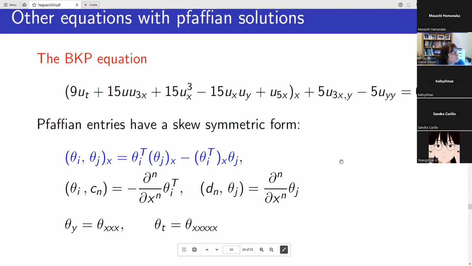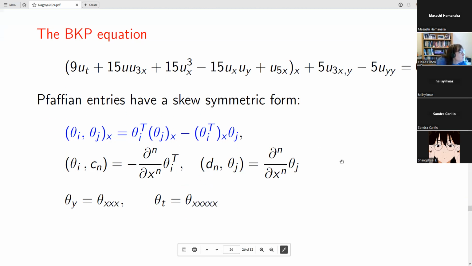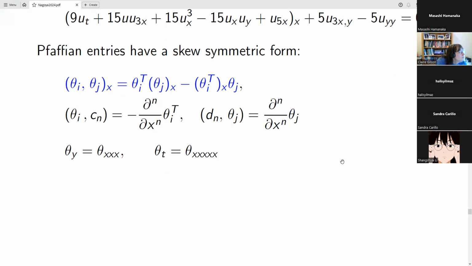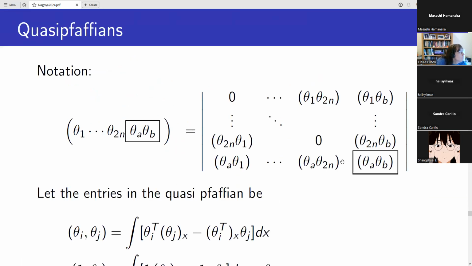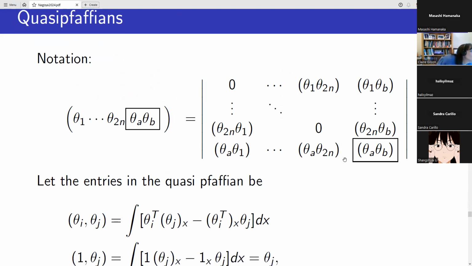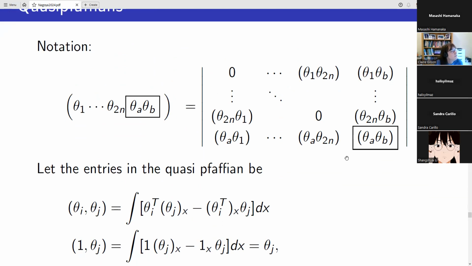I've not written an awful lot more down. So now I'm going to show you some, again, don't get lost in the notation. Basically, with these equations, we have various kinds of quasi-Pfaffians that we want to use.